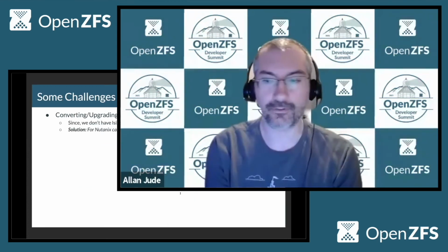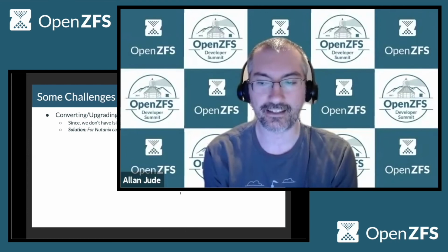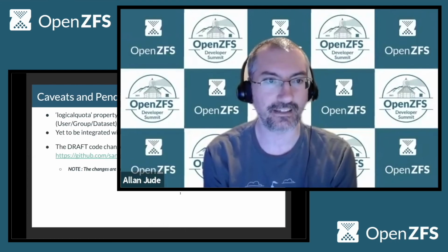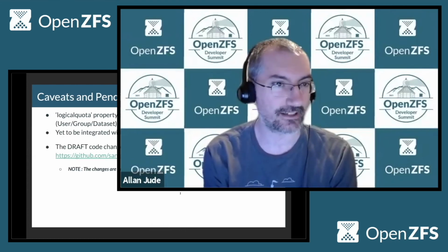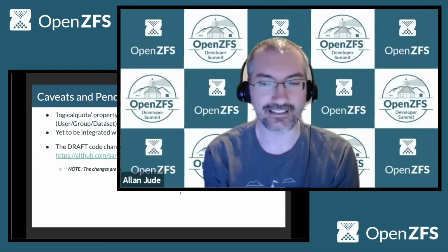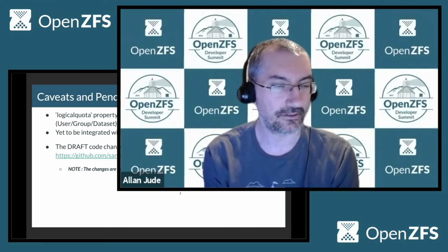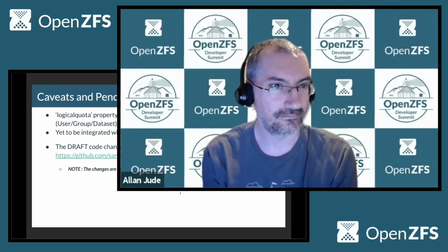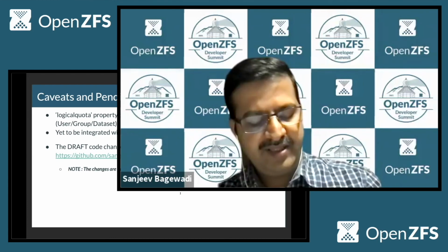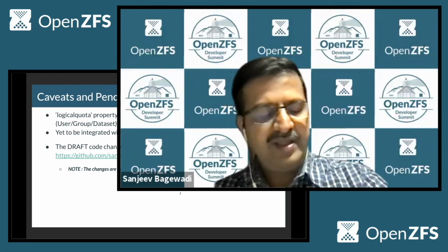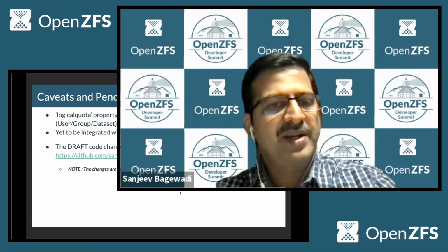Yeah, and then my second question was about when you added the accounting for how much logical space has been used, does that extend to snapshots? Currently there is no logical used property on a snapshot, but is there now in your code? I'm not sure I got the question.